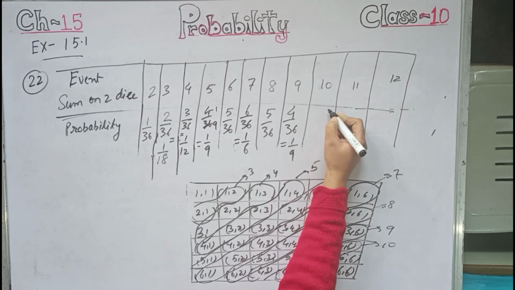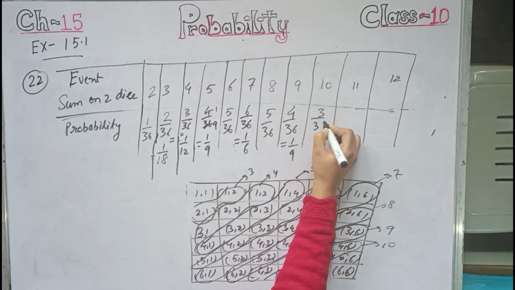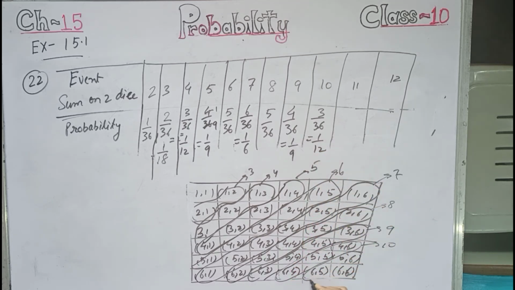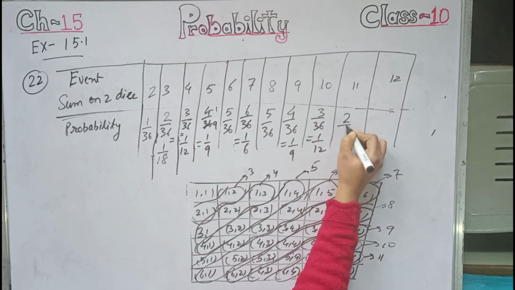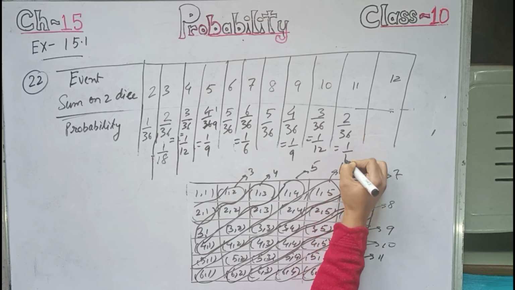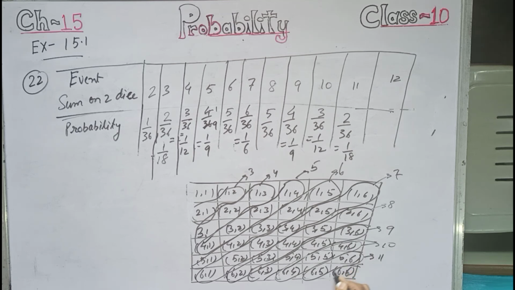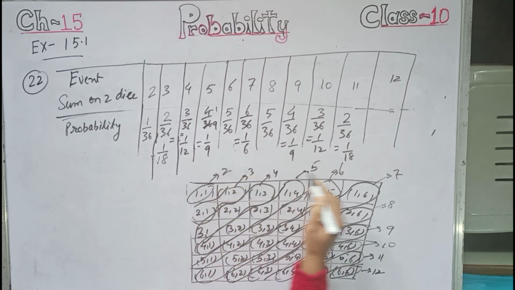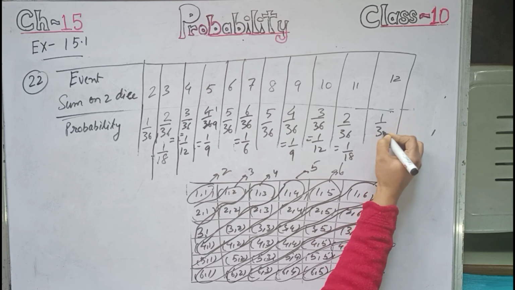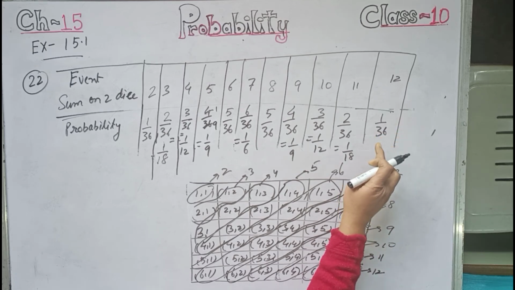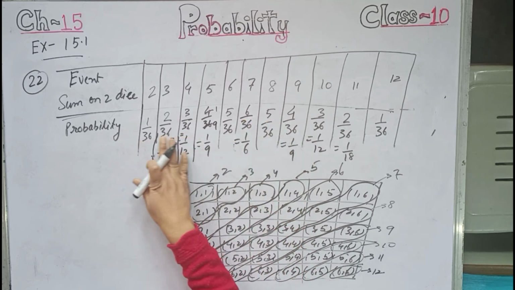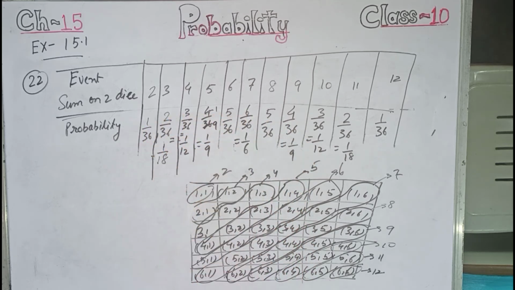So 1 2 3. 3 by 36 equals 1 by 12. Sum as 11, these two. So 2 by 36 equals 1 by 18. And sum as 12 is this only. So this will be 1 by 36. So you can see from here 1, 2, 3, 4, 5 and then 6. From this side also 1, 2, 3, 4, 5 and then 6.